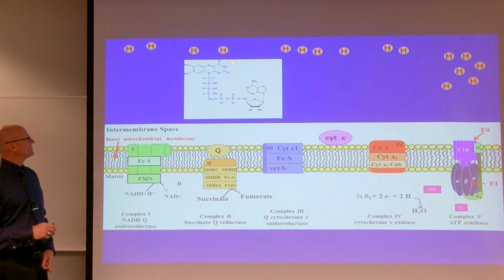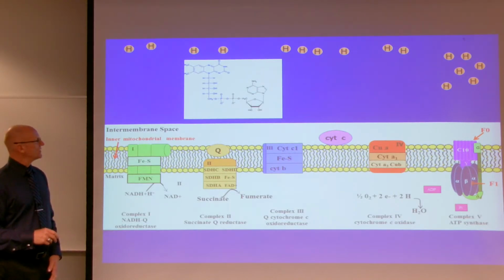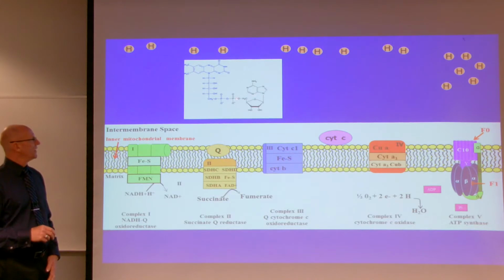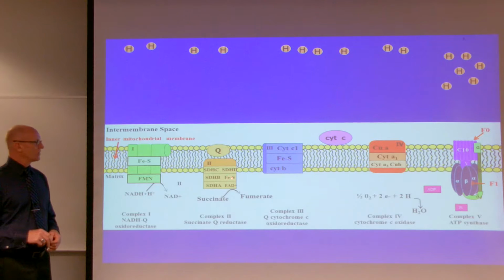Here is the isoalloxazine ring, the 5-carbon sugar, its phosphate, and another nucleotide, the adenine nitrogenous base, its 5-carbon sugar ribose, and another phosphate. So this is the oxidized form, and the succinate will transfer those 2 electrons to this oxidized form where the nitrogens will pick up those hydrogens again, becoming its reduced form of flavin adenine dinucleotide, FADH2, and those electrons then will be passed to the iron sulfur center.